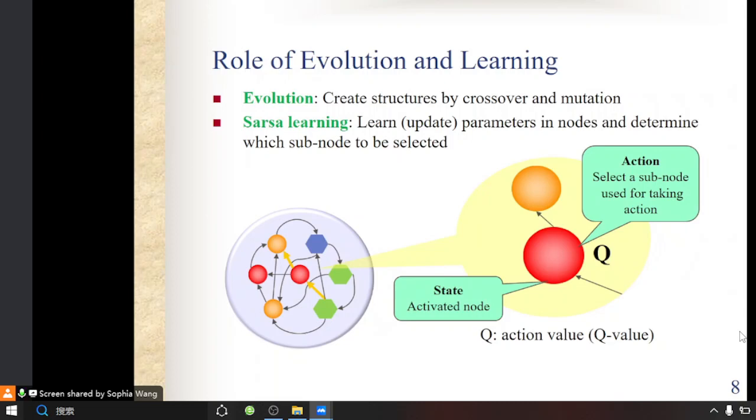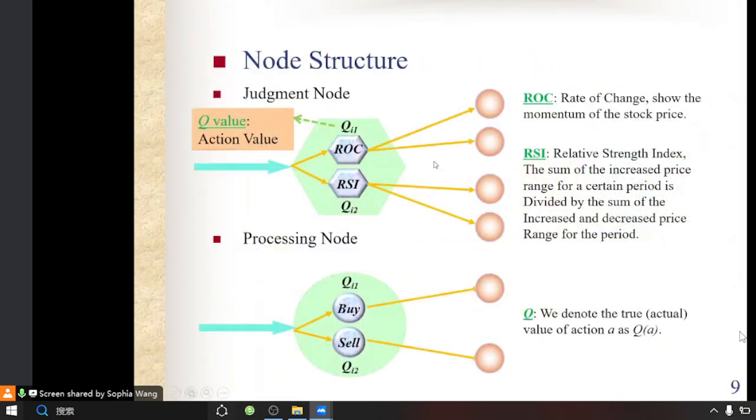Action means it will select a subnode for taking actions. And this is the node structure. Each node has two subnodes, and it will determine the transition way based on the ROC, RSI, and the Q value. That means if the Q value is larger, then we will move this way. So it will automatically complete in this model.